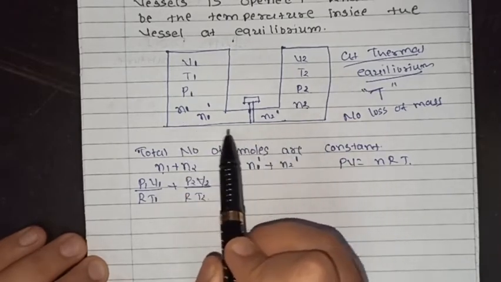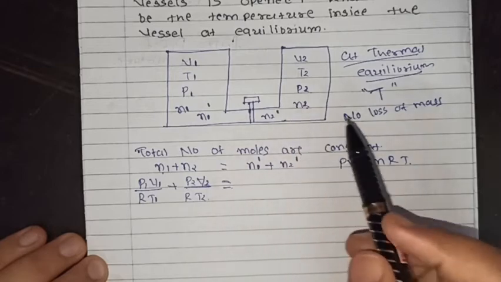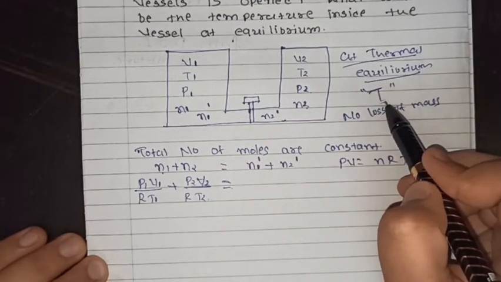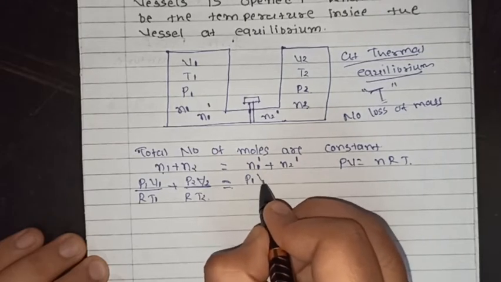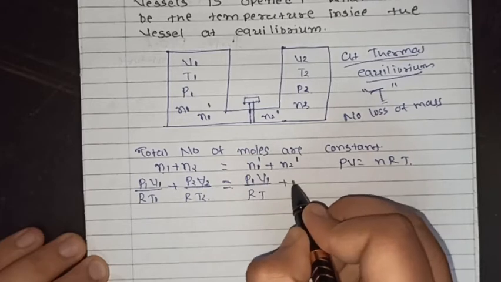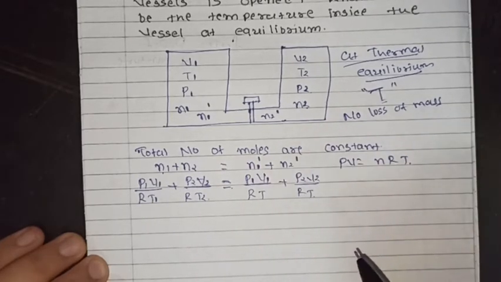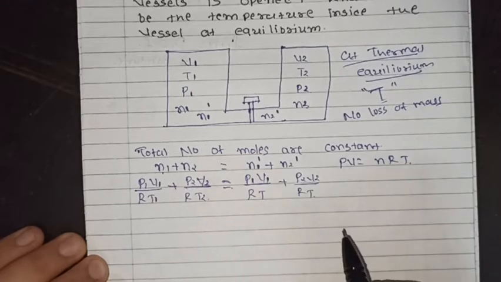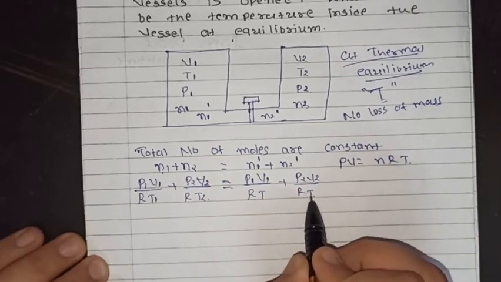Now as the gases are displaced and the system is in equilibrium, let's say temperature at equilibrium is T. So N1 dash will be equal to P1 V1 divided by RT plus P2 V2 divided by RT. Here R will get cancelled out. Take T common from this.